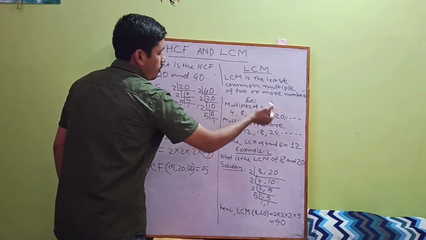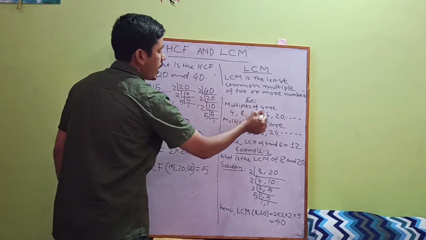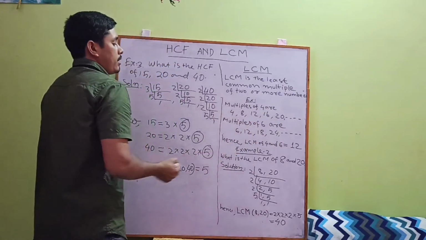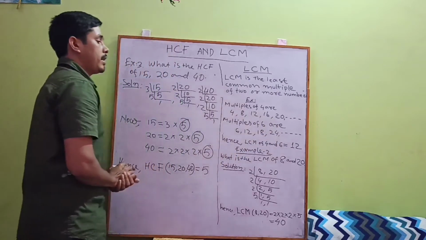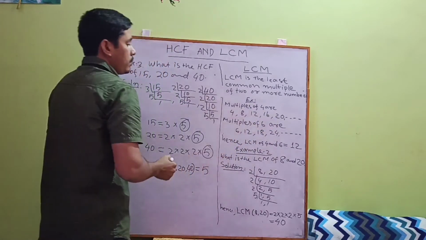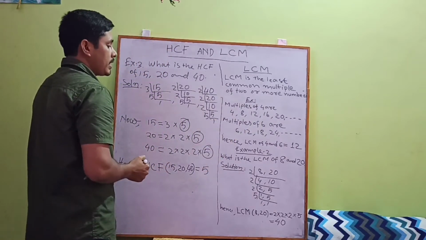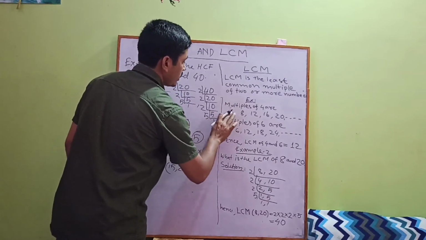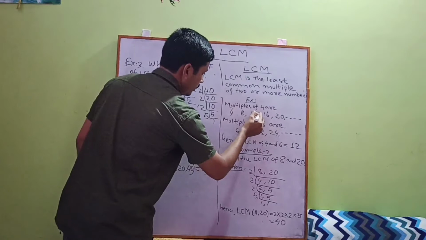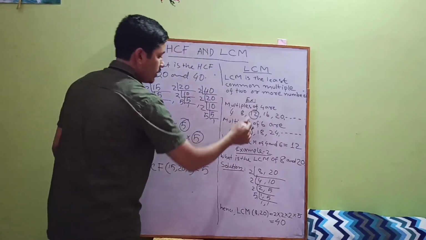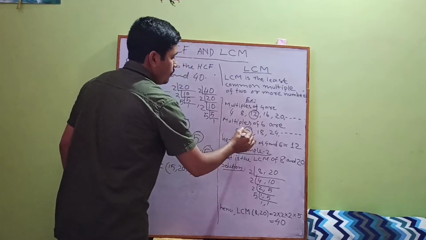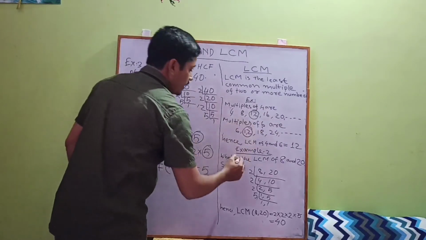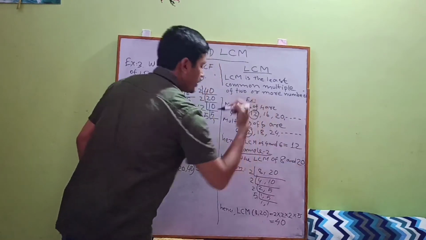Suppose multiples of 4 are 4, 8, 12, 16, 20, etc. Multiples of 6 are 6, 12, 18, 24, etc. Among the multiples of 4 and the multiples of 6, the common multiple is only 12. 12 is the lowest common multiple of 4 and 6. That's why 12 is the LCM of 4 and 6.